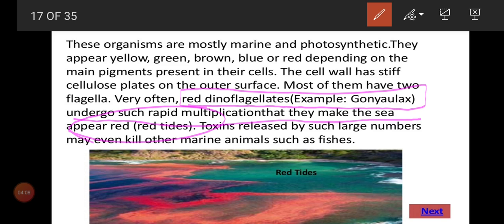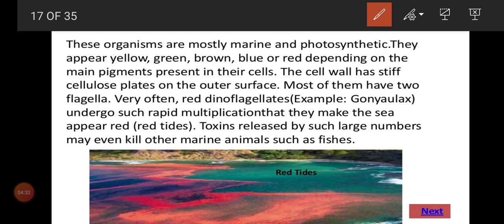So now look at this slide, children. Even the sea becomes red in color because of the red dyes. What is the cause? Dinoflagellates, Gonyaulax. If it is enormously increasing, it is pollution, children, and it starts to release so many toxins.